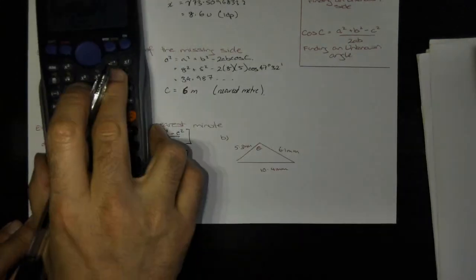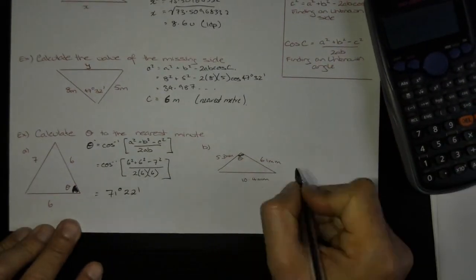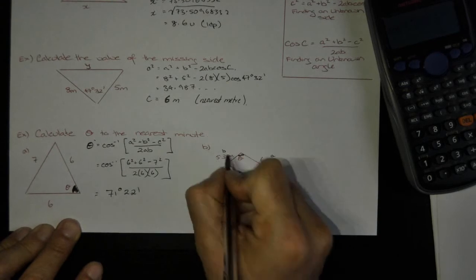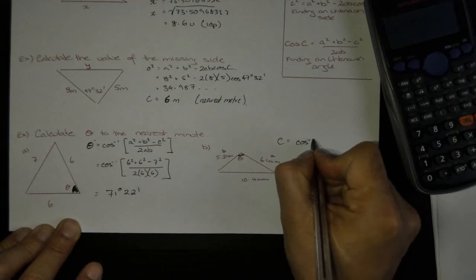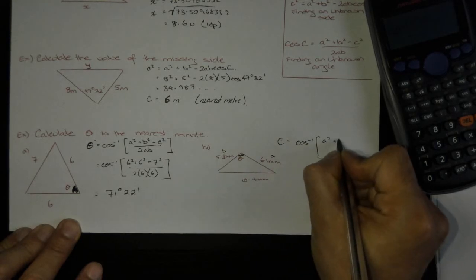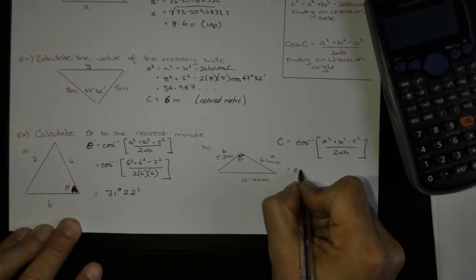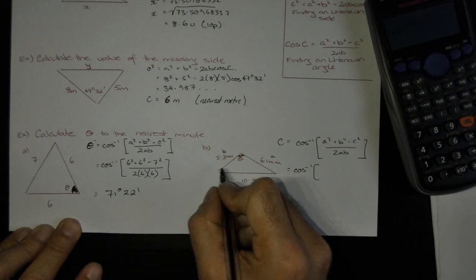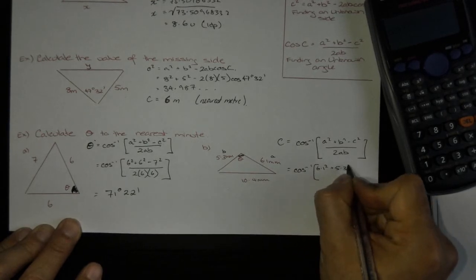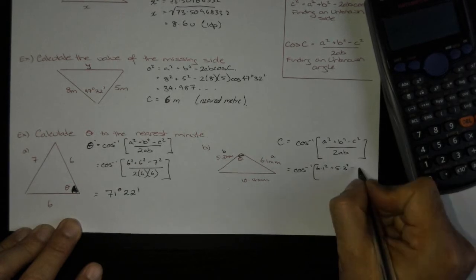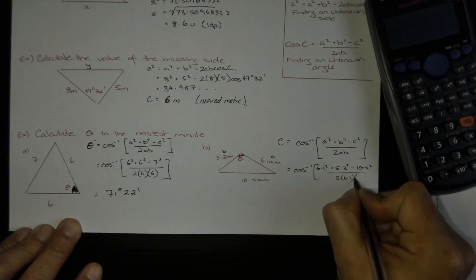Okay, using this one, this is going to be your A, this will be your B, that's going to be your C. So C equals inverse cos, A squared plus B squared minus C squared over 2AB. So 6.1 squared plus 5.3 squared minus 10.4 squared over 2 lots of 6.1, 5.3.